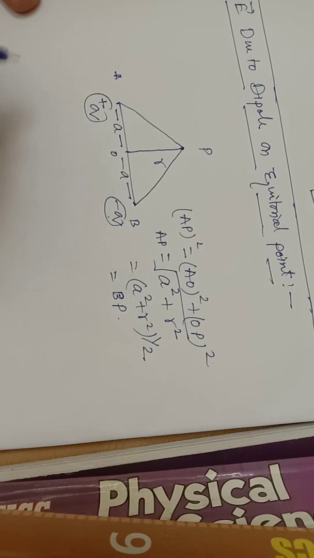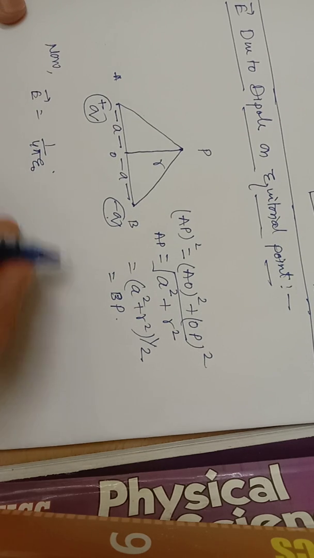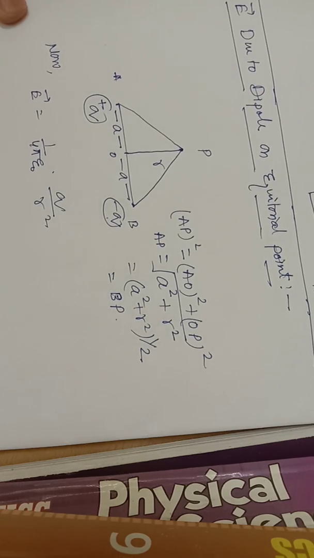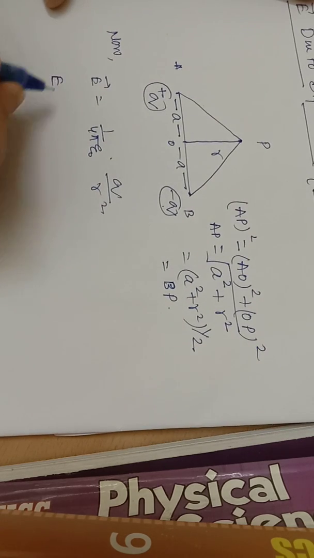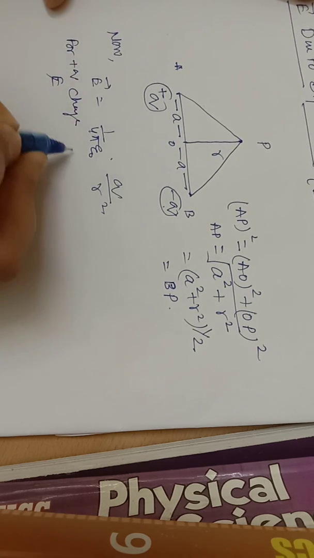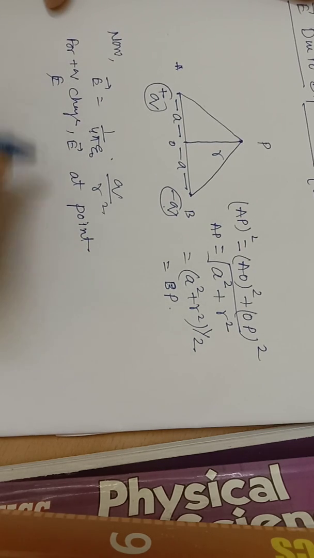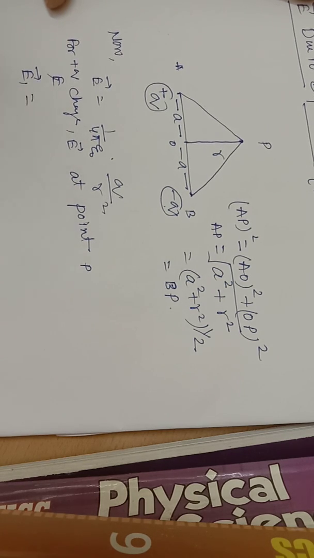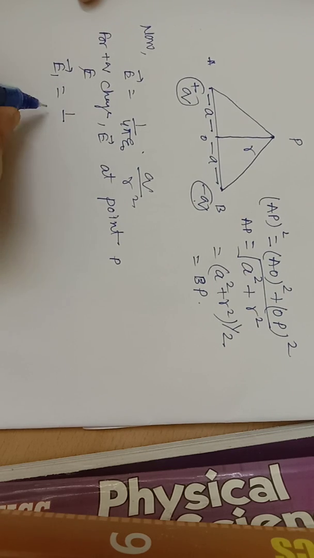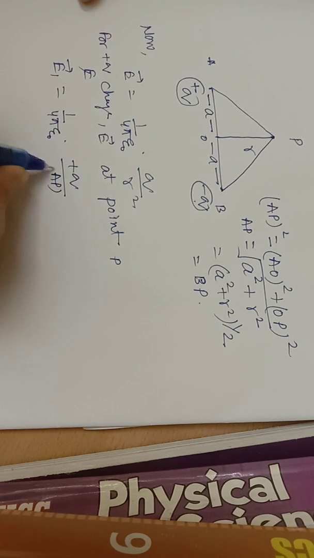So now, from the definition, E is equal to 1 upon 4 pi epsilon naught times Q by r square. Here, for the plus Q charge, the electric field at point P, E1, is equal to 1 upon 4 pi epsilon naught times plus Q upon AP the whole square.